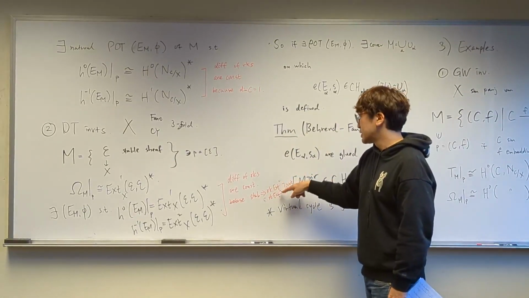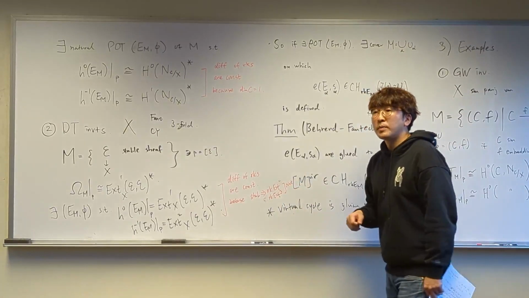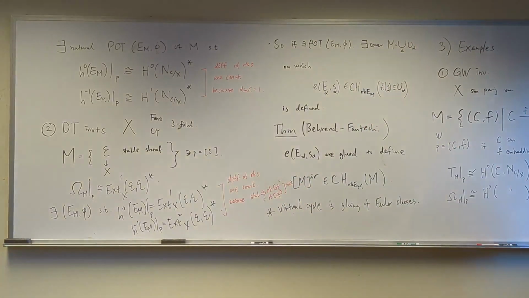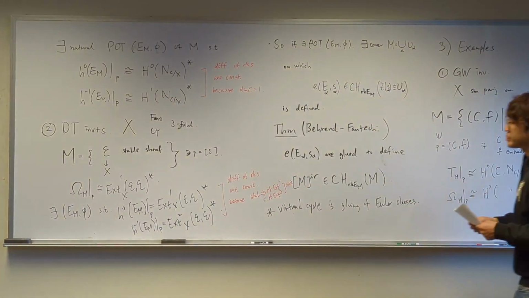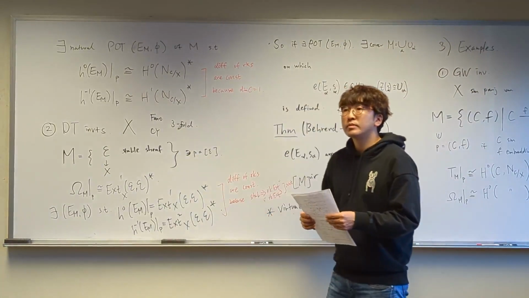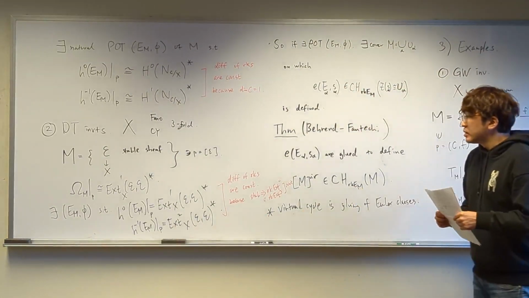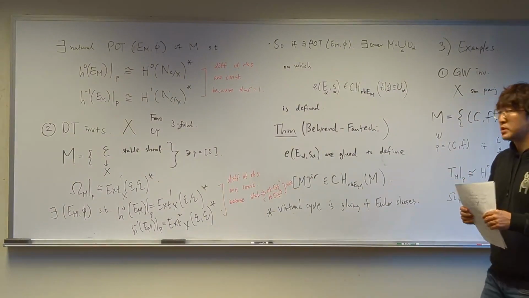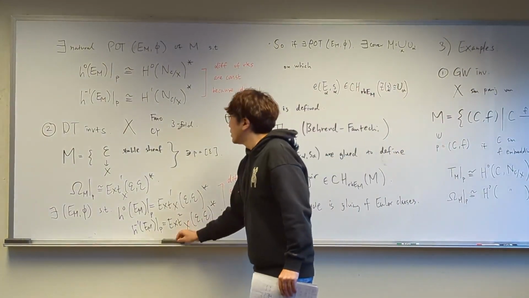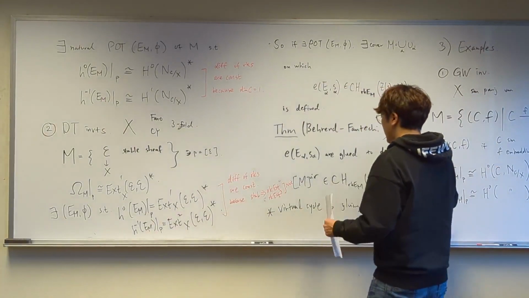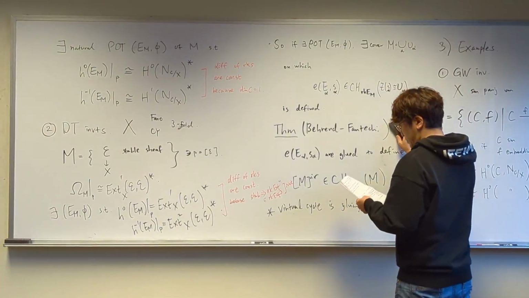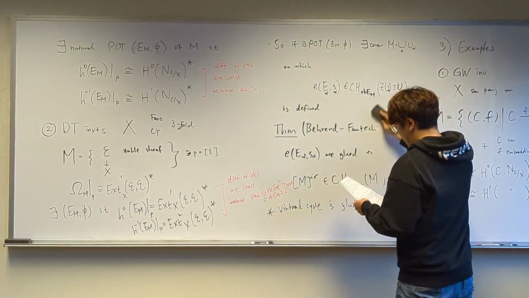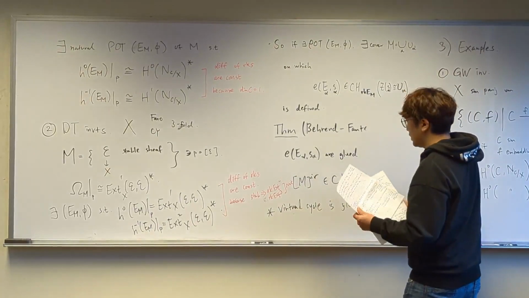And Fano says this is 2. So if it's general type, the x3 is the problem. Yeah, so this is not defined on general. Okay, do you have any questions so far?